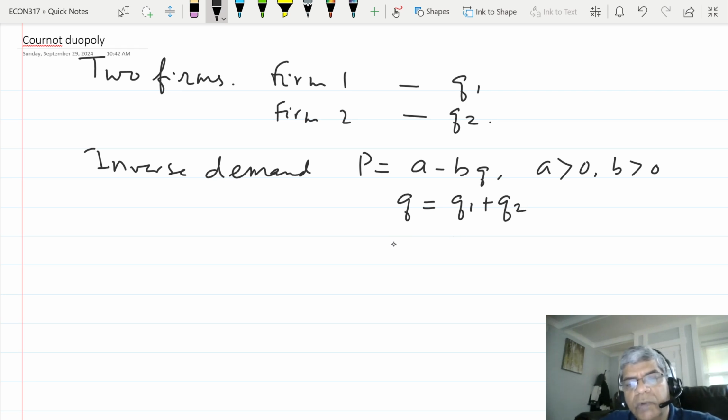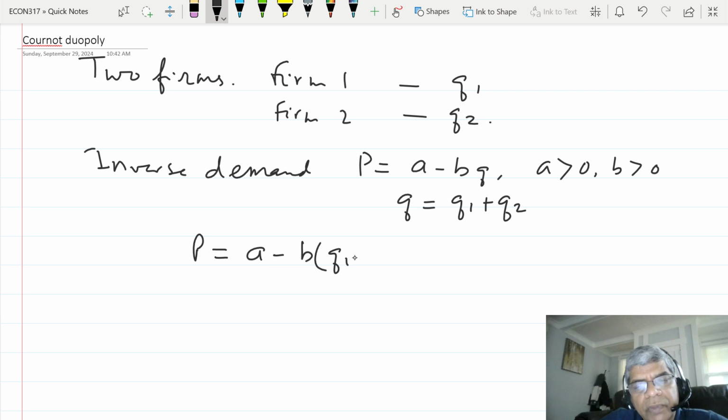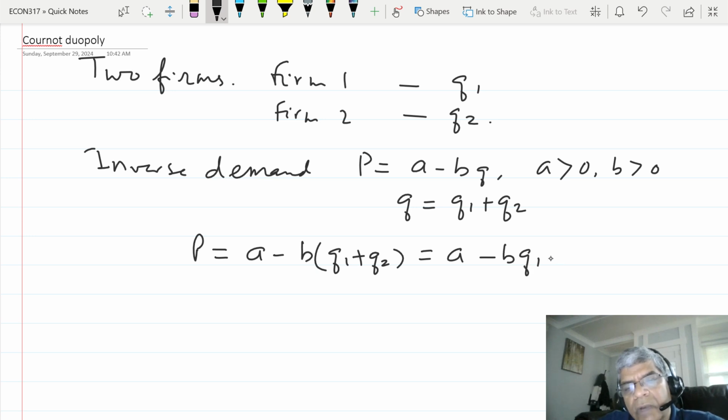So Q is Q1 plus Q2. I could rewrite it as price equal to A minus B(Q1 plus Q2), or we can simplify this: A minus BQ1 minus BQ2.